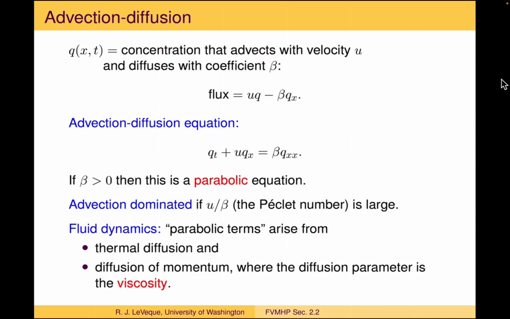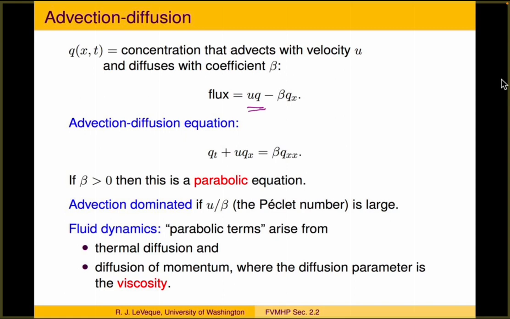So a simple example would be the advection diffusion equation, where we have a flux that's not only the advective flux u times q, if we assume flow at some constant speed u, but also some diffusive flux, minus beta times dq/dx, and then we end up with this advection diffusion equation.